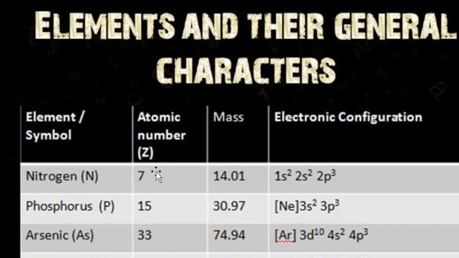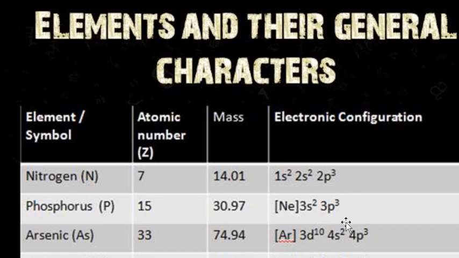Nitrogen having atomic number 7, its configuration is 1s2, 2s2 and 2p3. 2 is the principal quantum number. It shows that nitrogen is present in the second period and it is a p block element.